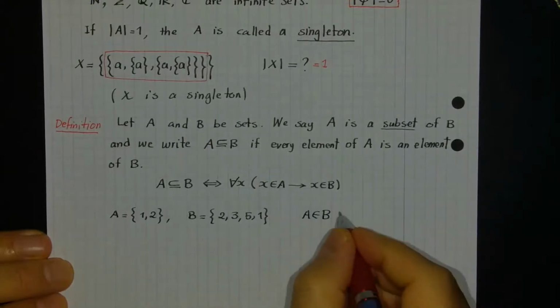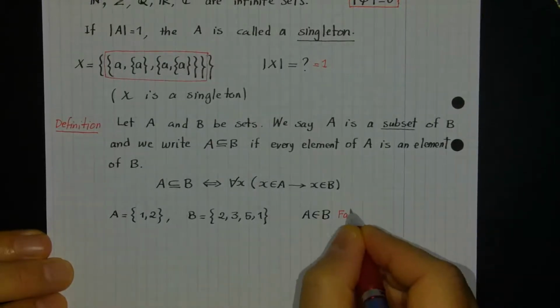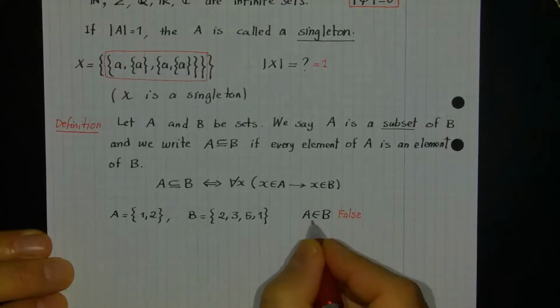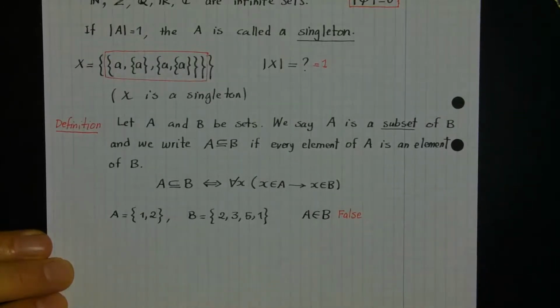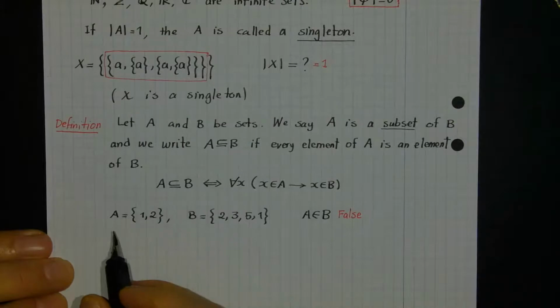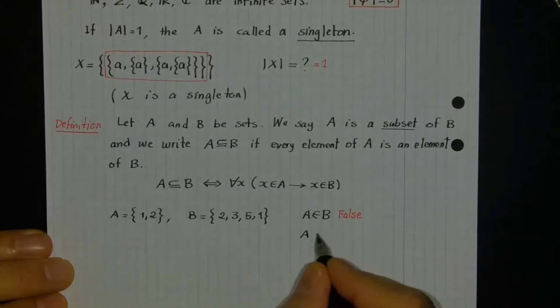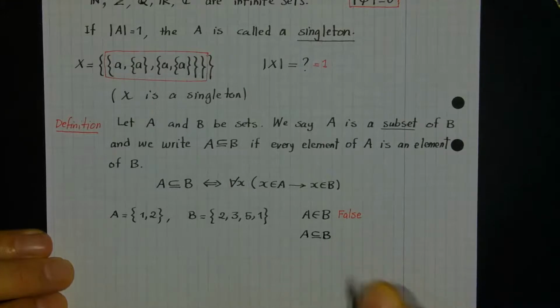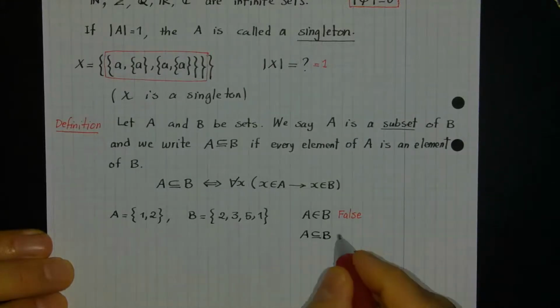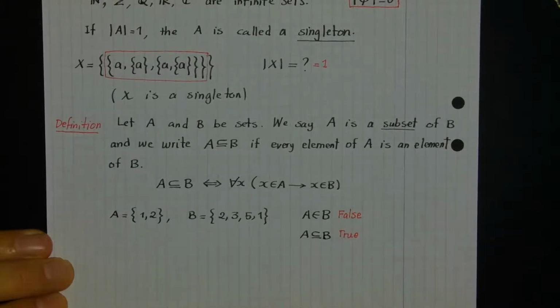You see, I just want to compare because sometimes the students get confused between the symbol of belonging to and the symbol of subset. This is false. But if I write for the same two sets the subset symbol, this is true. So I hope that you understand. I will, of course, give you more examples.